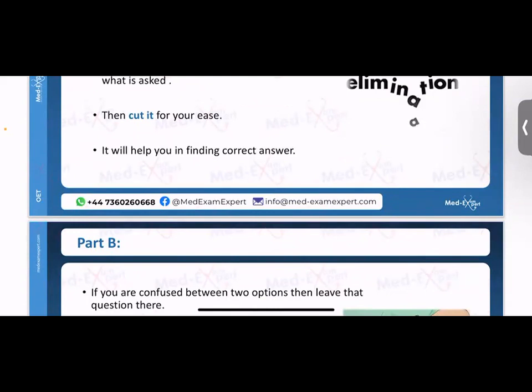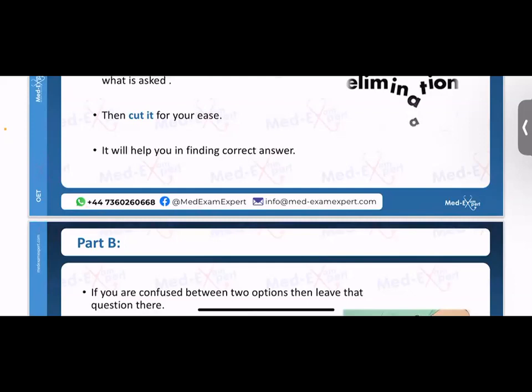What you have left is only one option, which is option B. If A and C are not the answers, then definitely B would be the answer. So it is a very good trick, which is called the elimination technique.